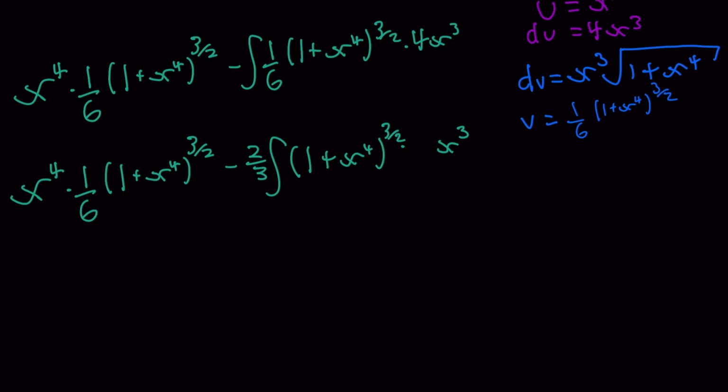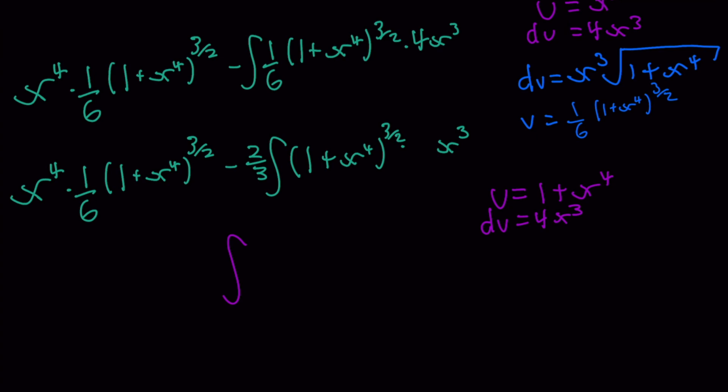We're going to do u equals 1 plus x to the 4th. So du equals 4x cubed. And I'm just going to solve this off to the side.